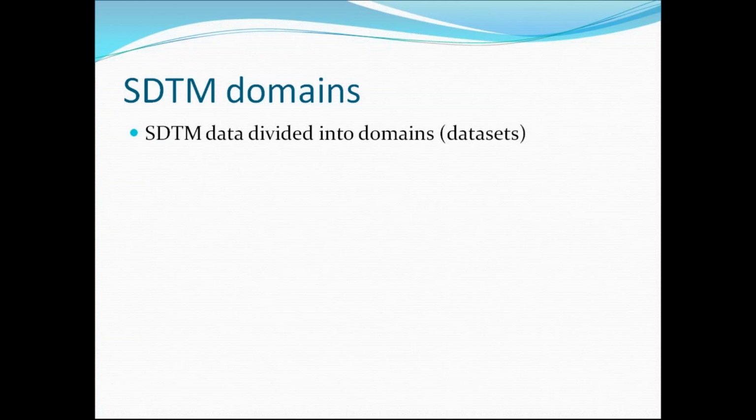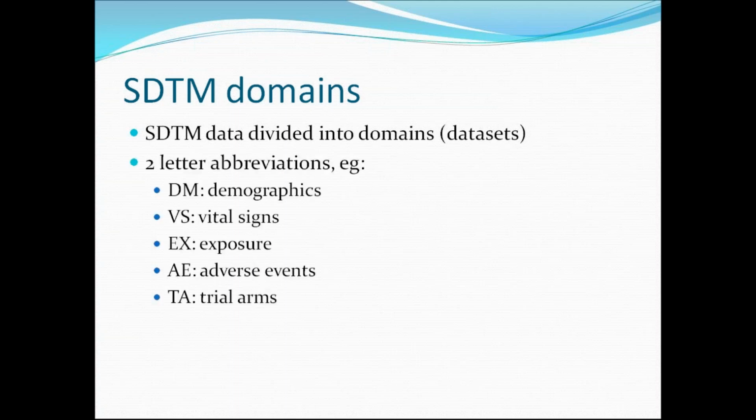So the SDTM data is divided into domains, which are nothing but datasets. A domain is a collection of observations from different raw datasets, and should have a topic variable. The domains are standardized with two-letter abbreviations, for example DM, which is demographics, and AE, adverse events.